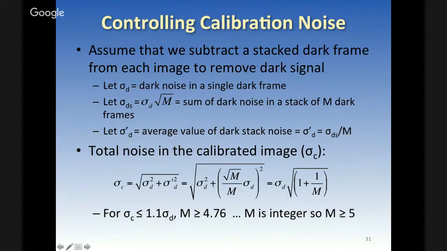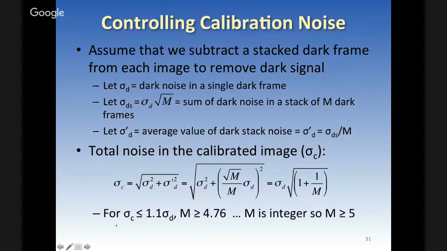So we get sigma sub d squared plus, well, what is this sigma prime d? It's just sigma ds over m, and sigma ds is sigma d times the square root of m, so we can reduce that to the square root of m over m times sigma d, and all that's got to be squared because we add in quadrature. That reduces to sigma d, the noise in the dark current, times the square root of 1 plus 1 over m, where m is the number of frames that we're taking to calibrate our darks.